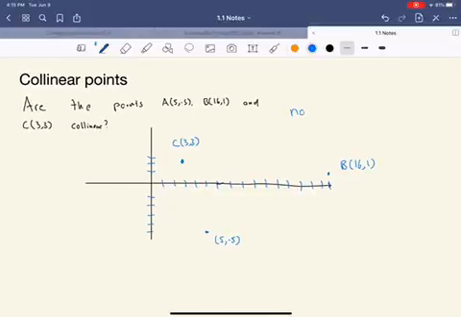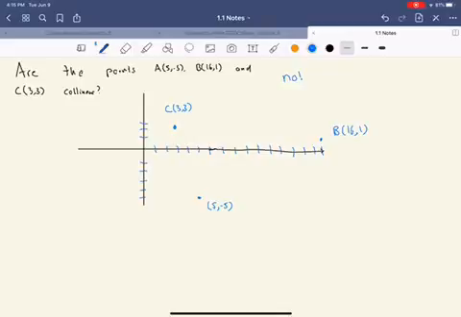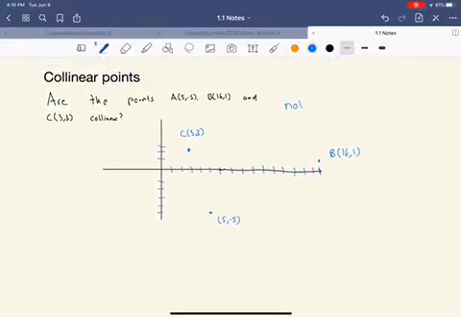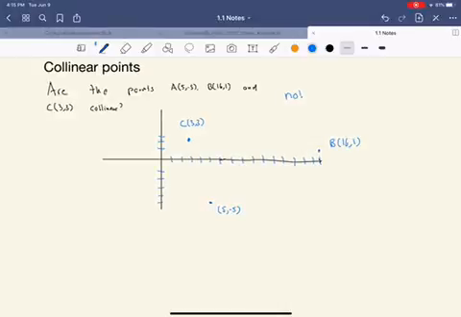Okay, that seems all well and good, but we probably want a way to do this so that we don't have to draw it. Let's say we had to run a computer program, or find algorithmically whether it was true or not. So the way that we're going to do that is we're going to find all the distances.